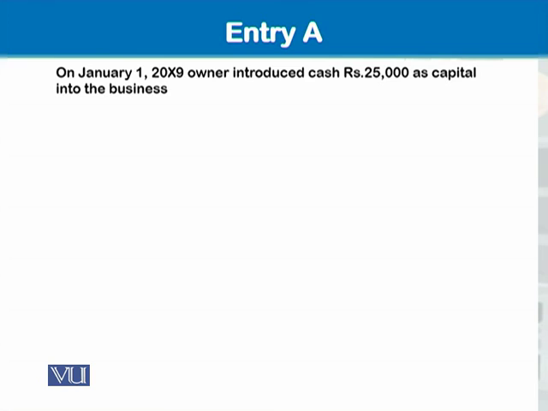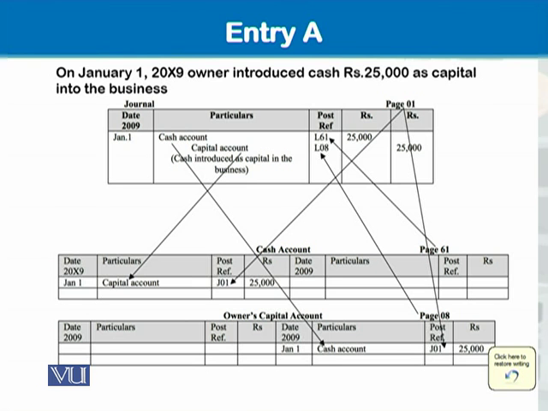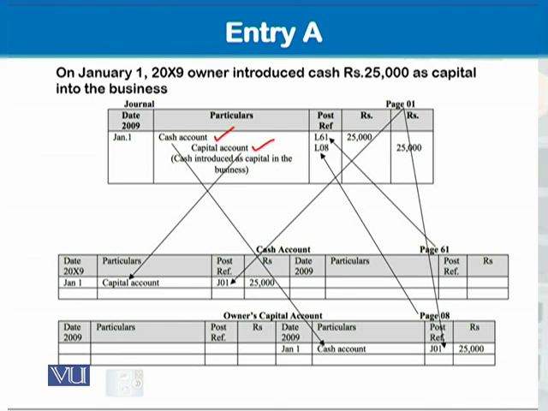So this is an example in which the owner introduced cash 25,000 as capital into the business. So what we see is that in this transaction, the accounting entry is debit to cash and credit to capital.